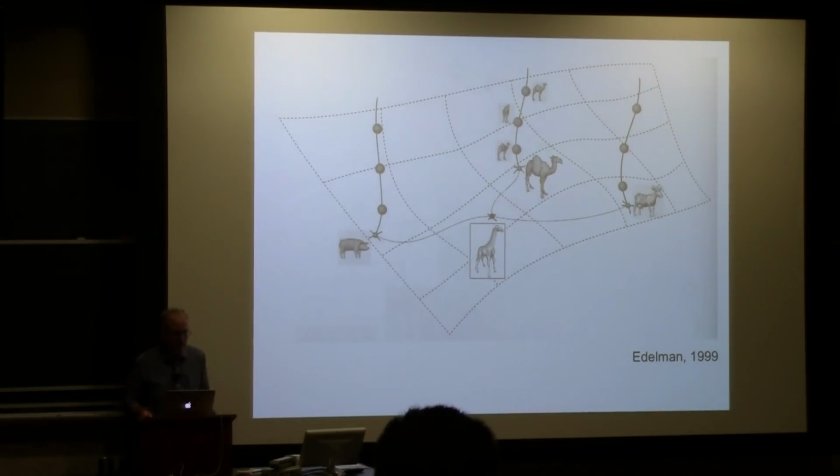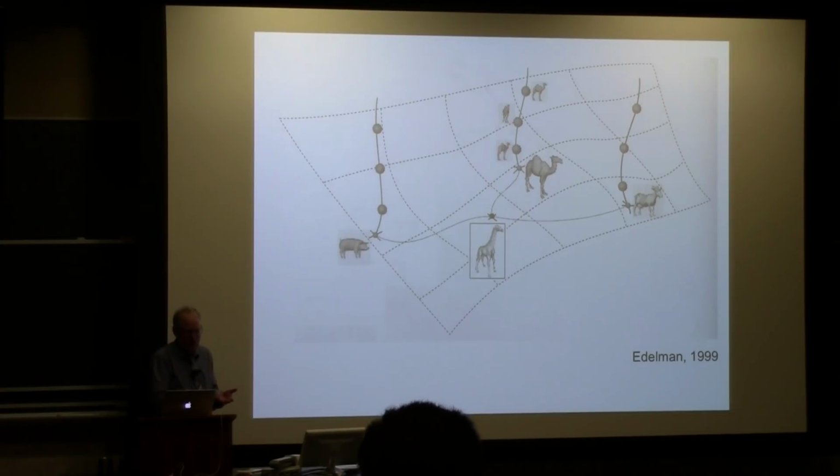Yep? How do the base shapes get encoded? So what's imagined here is that in the course of visual learning, you're exposed to these shapes, and then through an unspecified mechanism, you have neurons that start to respond to those shapes.